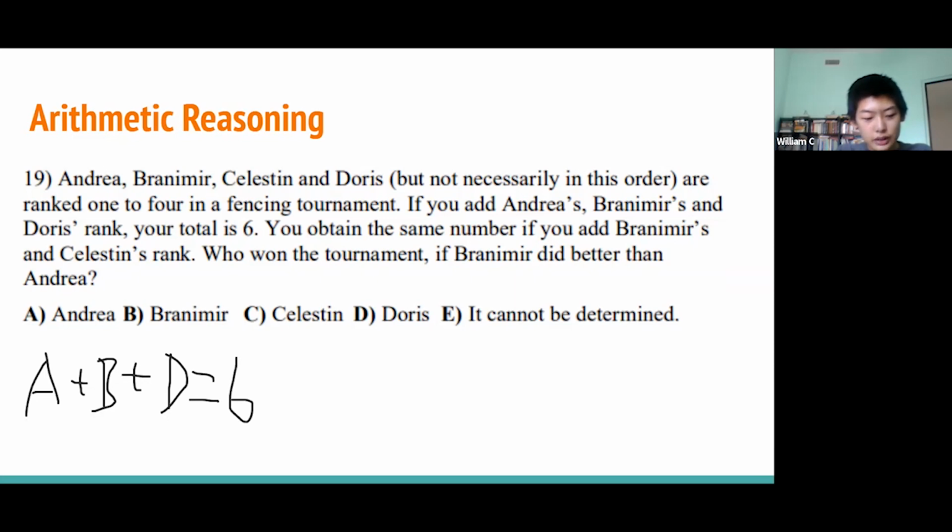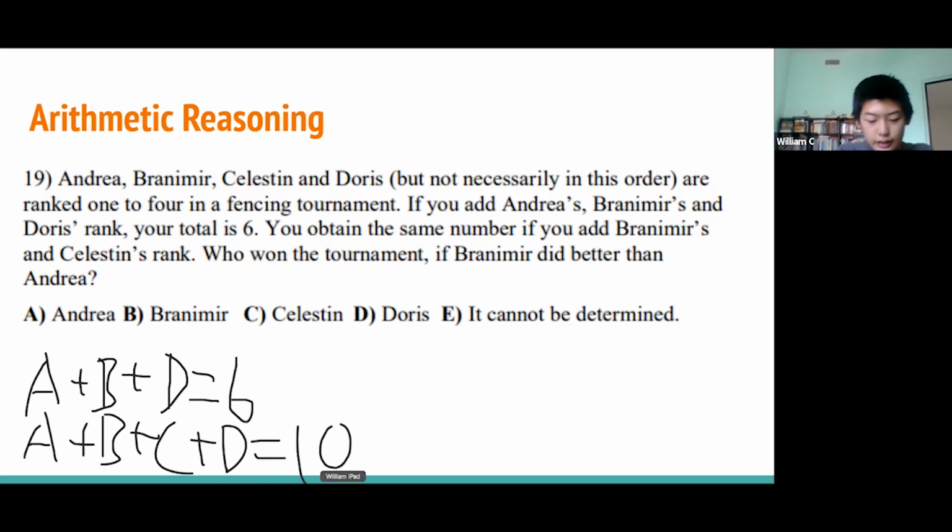And since the letters are all different, we know that the total is 10, because 1 plus 2 plus 3 plus 4 is 10. A plus B plus C plus D equals 10. Therefore, subtracting the first equation from the second equation reveals that C is 4. So Celestin placed 4th in this tournament.